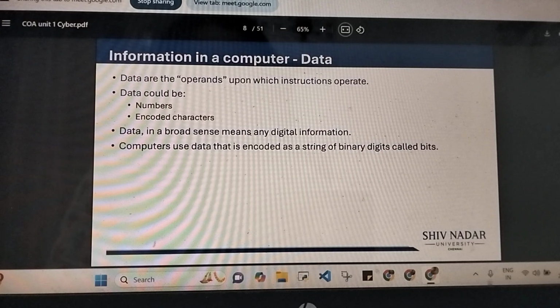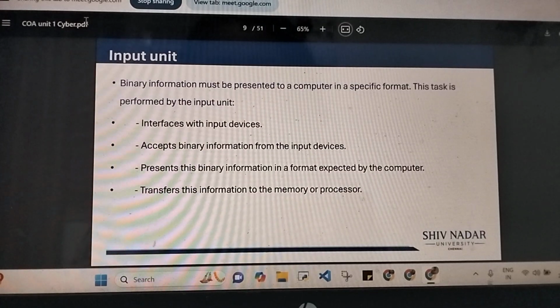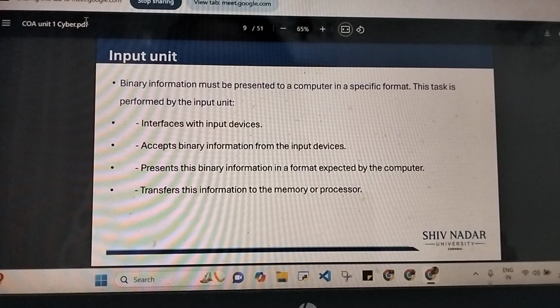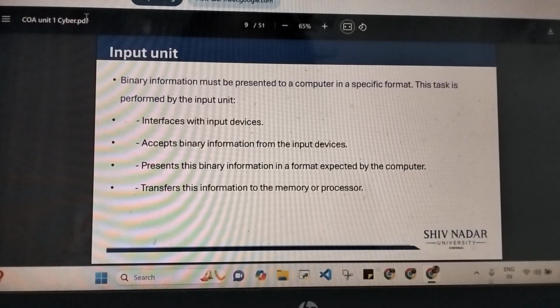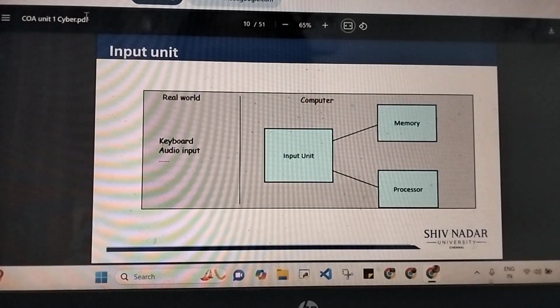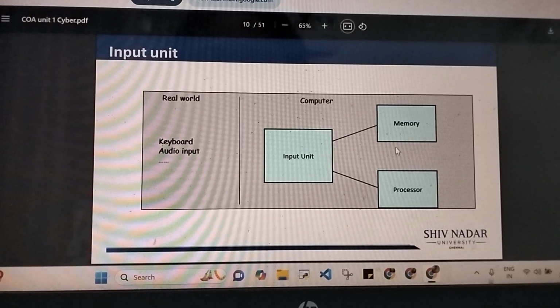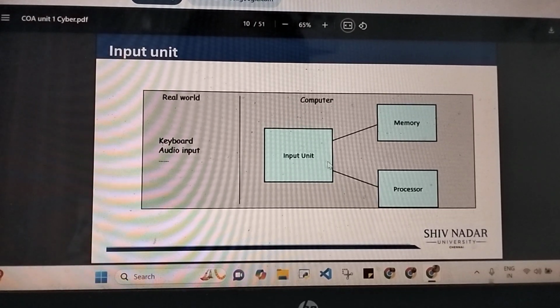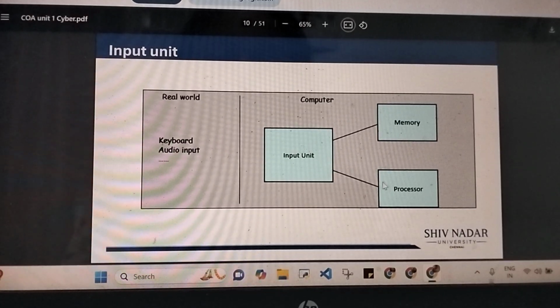And then you have instructions, which is the entire statement, which includes the command, the operation to be performed, as well as the operands. So this is just an overview of the main functional units. The input unit, which I explained, interacts with the memory and the processor.